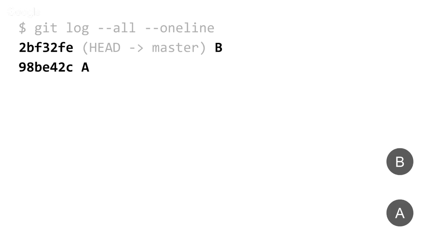Which means that commit B was built on the base of commit A, and in other words, commit A is the parent of commit B, which could be expressed with this arrow.